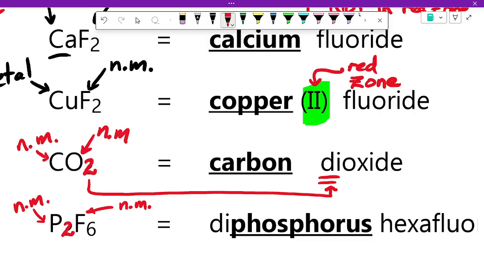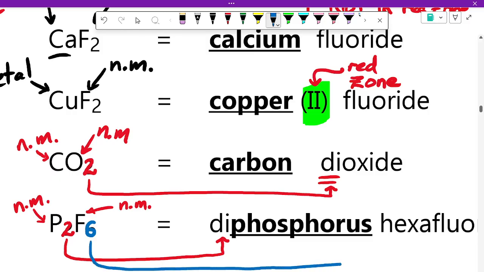What's the prefix for 2? Di. So we say diphosphorus. We have 6 fluorine. What is the prefix for 6? Hexa. Hexafluoride.